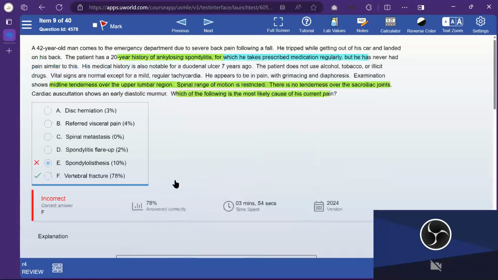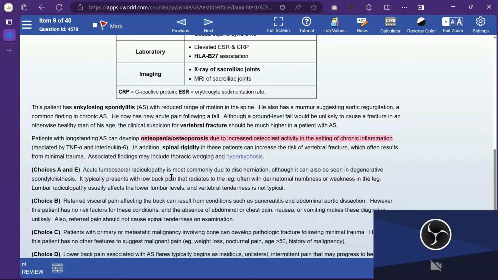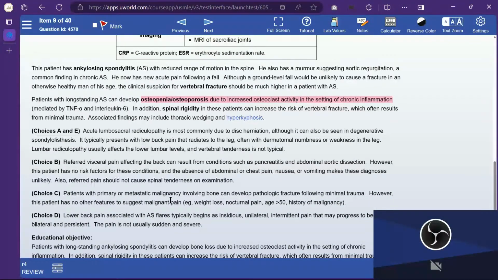Acute lumbosacral radiculopathy can occur due to disc herniation, although it is seen in degenerative spondylolisthesis. Lumbar radiculopathy is related to the lower lumbar region. Patients with primary or metastatic malignancy can develop pathologic fracture following minimal trauma.